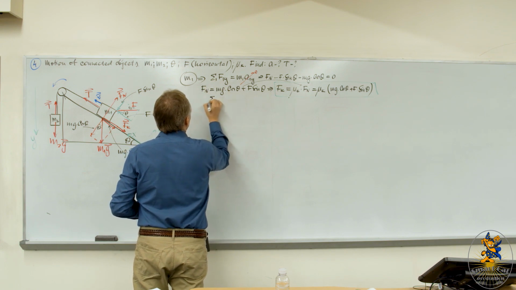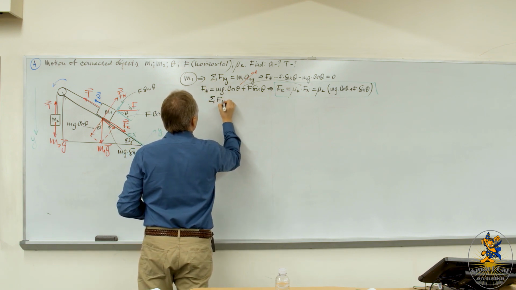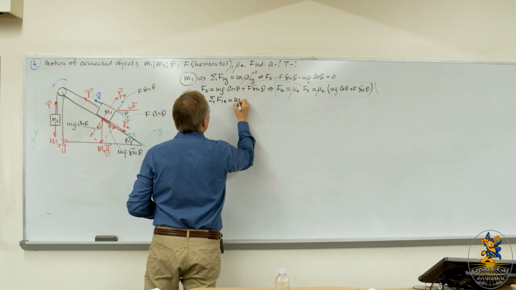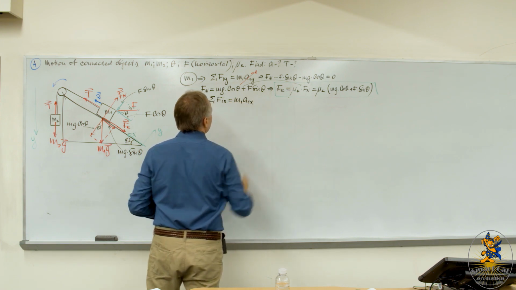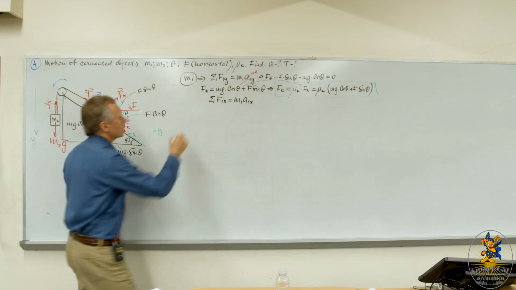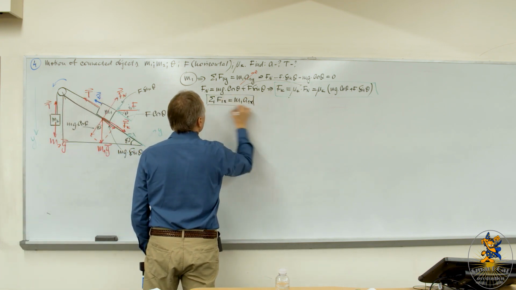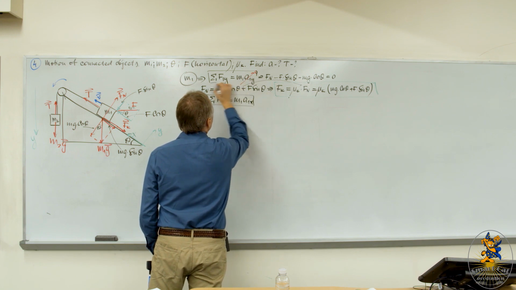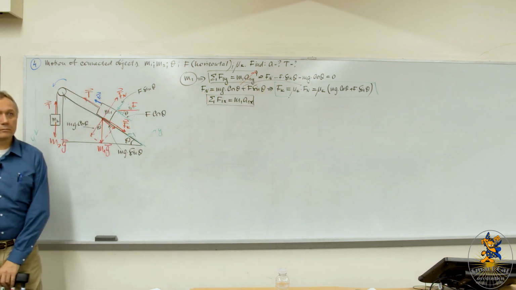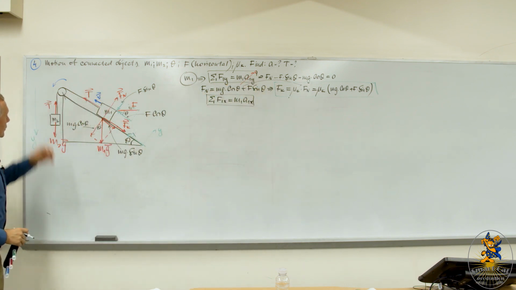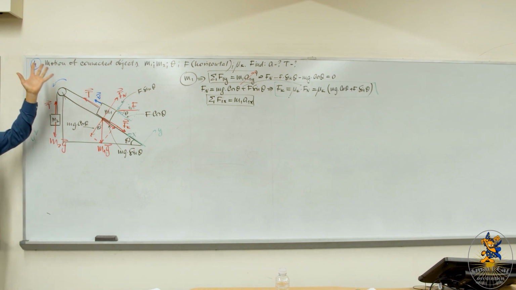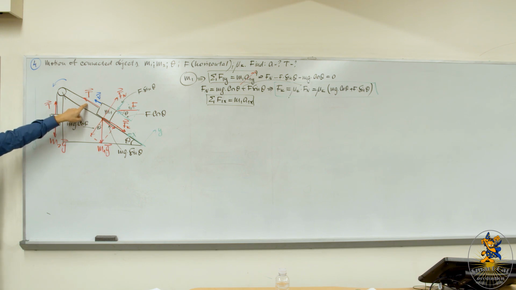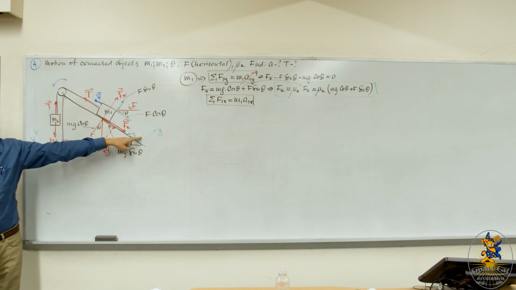So now the sum of the forces acting on the first object in the x direction equals m1 a1x. Okay, so carefully, all the forces. I will start with the positive. Tension, fully in the positive x direction.